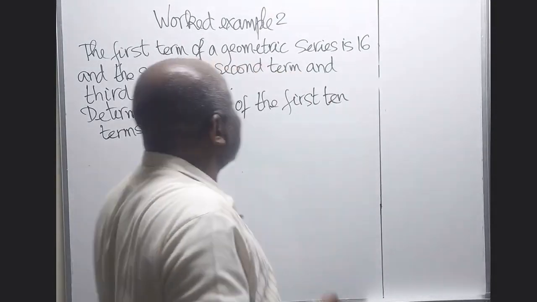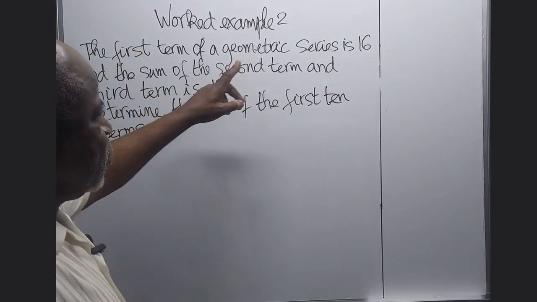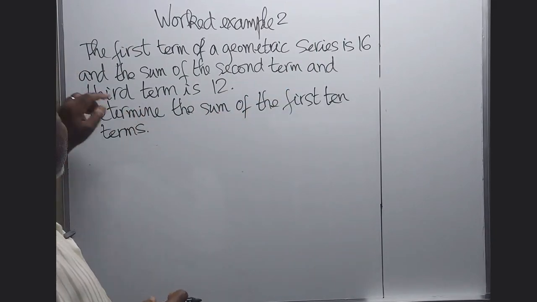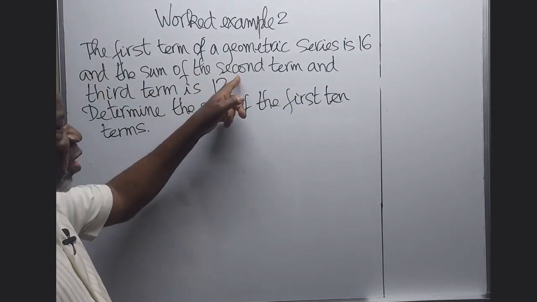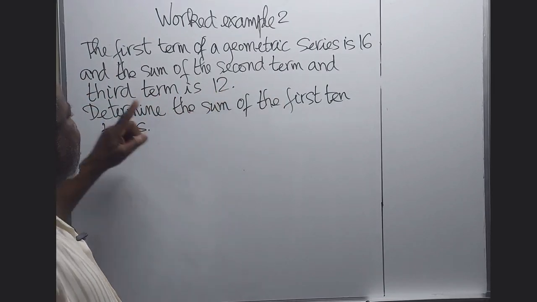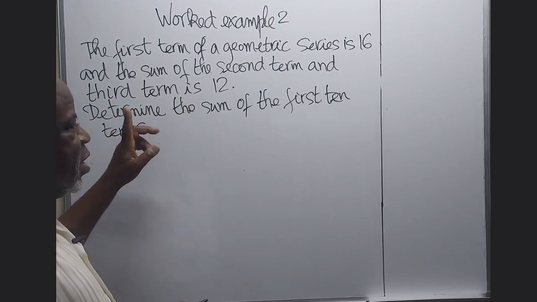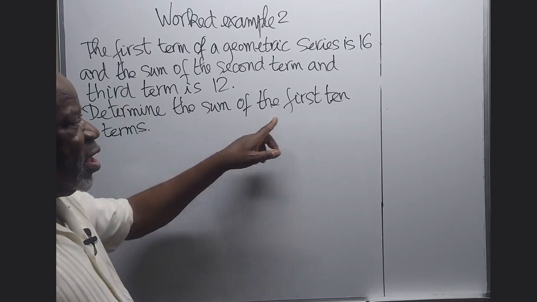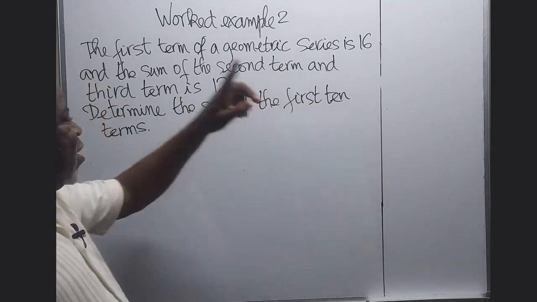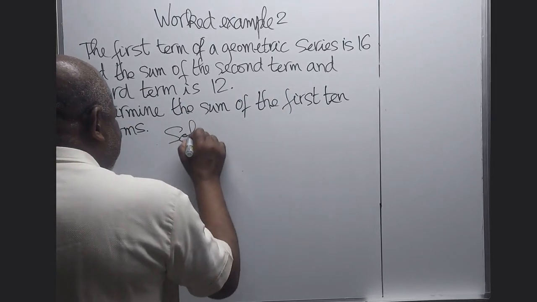Here's the second worked example. The first term of a geometric series is 16, and the sum of the second term and third term is 12. Determine the sum of the first 10 terms. Let's go to the solution.